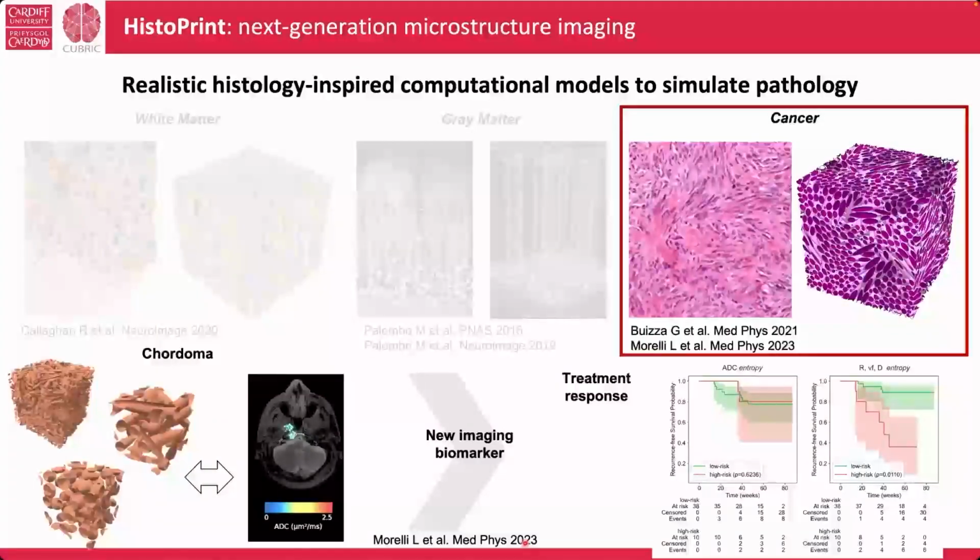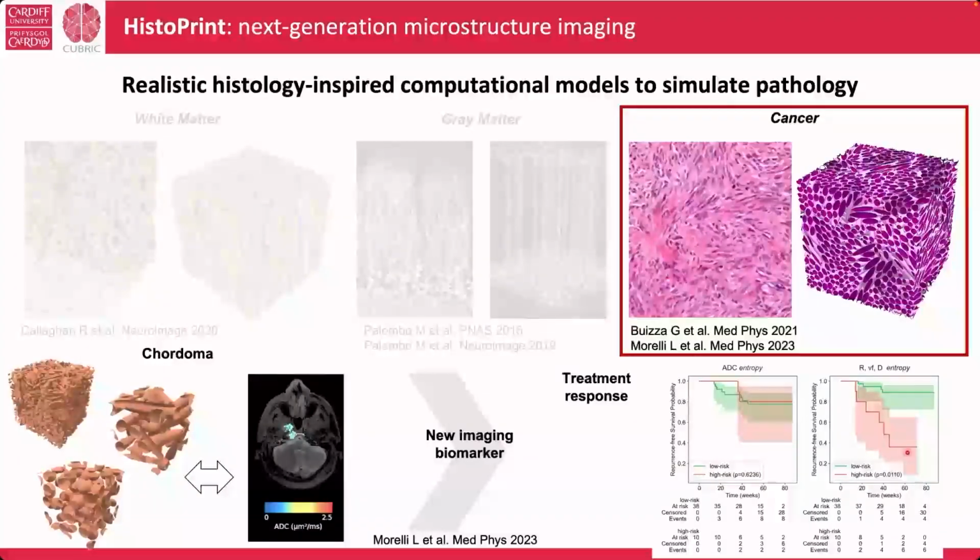With the ADC, the original measurements, you were not able to stratify your patients. So red is who didn't respond and green is who responded. But if you use our source separation method, you were able to statistically discriminate respondent from non-respondent. So this is an example of how our models can also enhance the analysis of already acquired data.